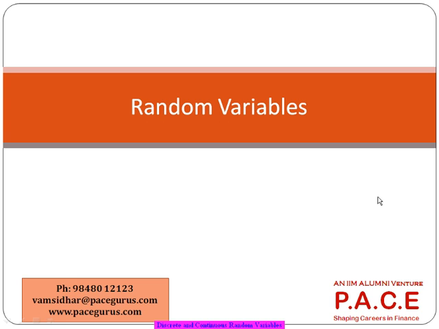Let's say I'm having a set of policies. What is the probability that a given policy that I have taken will have a claim of more than 1 lakh?